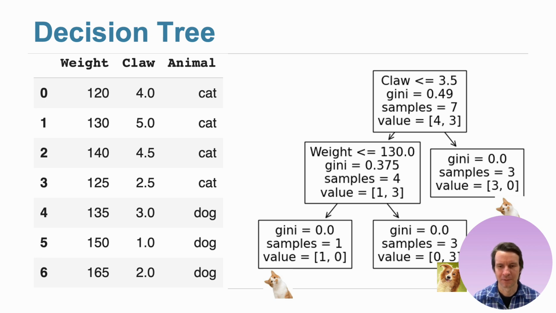At the bottom, where the value is a list that contains only one non-zero, then you are sure that it's a cat or dog based on this classification. Okay? The bigger the Gini is, the further from sure is the result. Right? It's not exactly, but something like that. It's called Gini impurity, and you want to have it as small as possible.